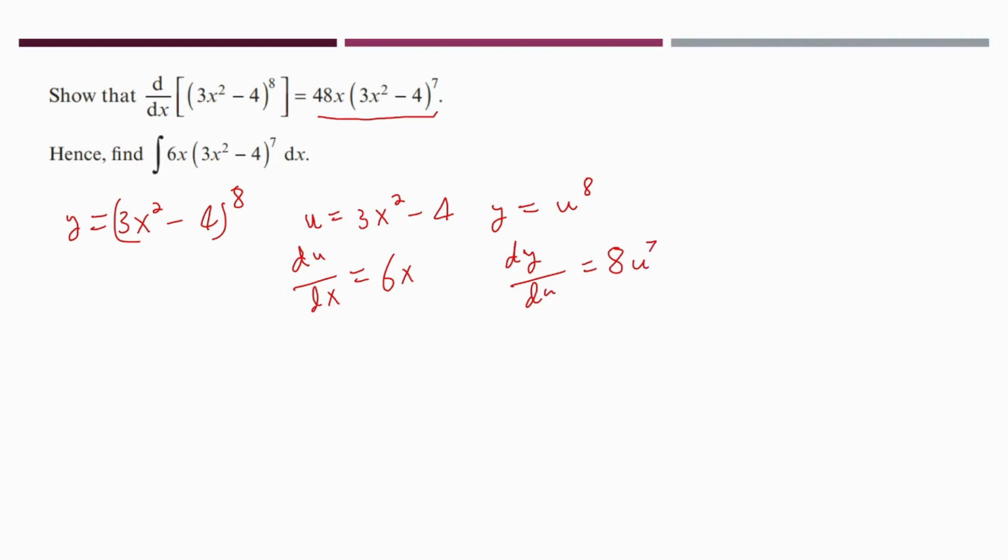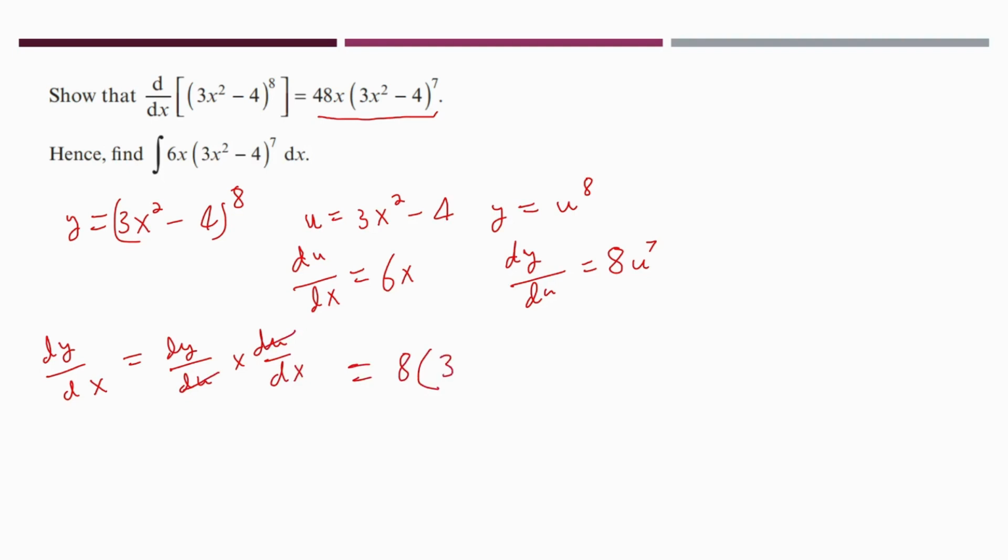And now what we can do is, now we can apply it. So you can see dy over dx is what we need, and we can use dy over du into du over dx. These are going to cut out. Alright, so now let's apply that. dy over du is 8, and you know what u is.